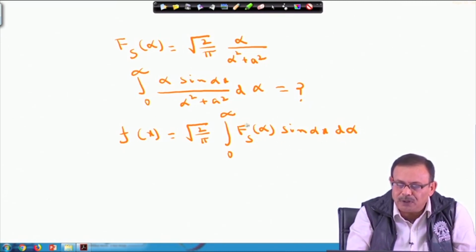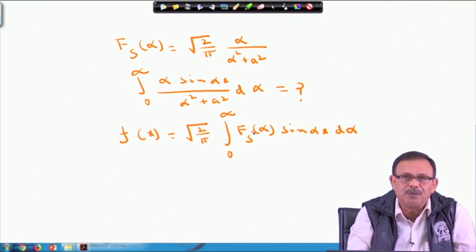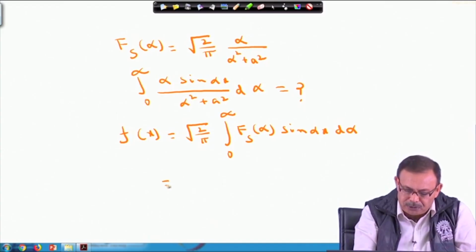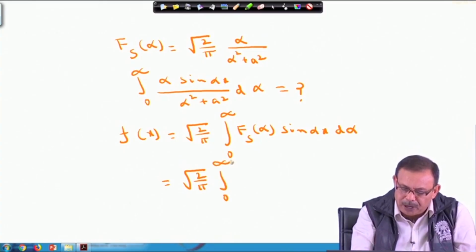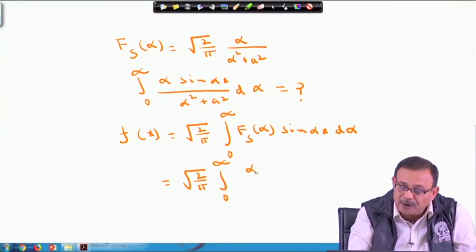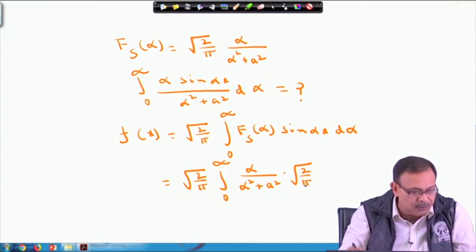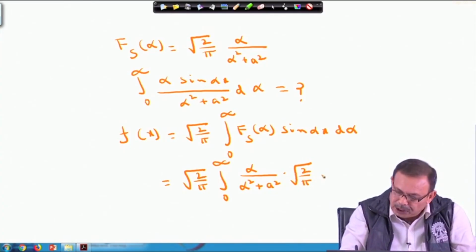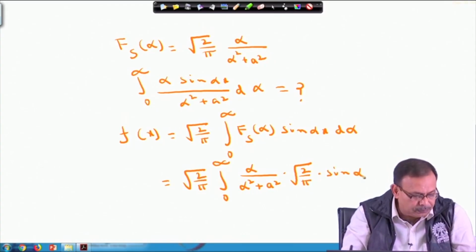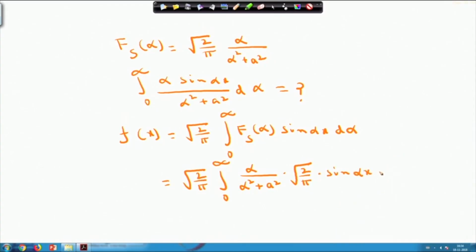Now I know the value of this Fourier sine transform of alpha, so I can substitute it here: root over 2 by pi, integral 0 to infinity, alpha by alpha square plus a square, into another root over 2 by pi, into sine of alpha x d alpha.